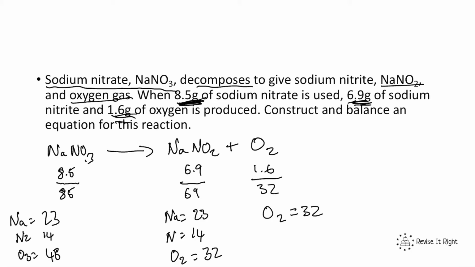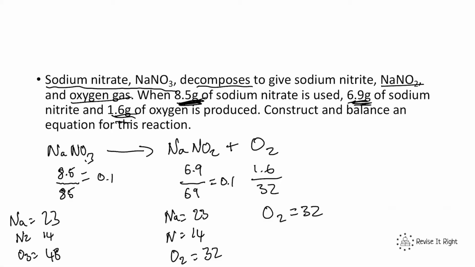Now we can use our moles equals mass over Mr equation to work out how many moles are in each of these. The mass is the top number, divided by the Mr, the bottom. So 8.5 divided by 85, we get 0.1. 6.9 divided by 69 again gives 0.1.